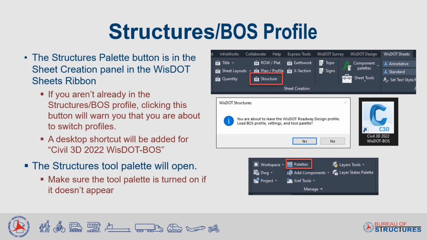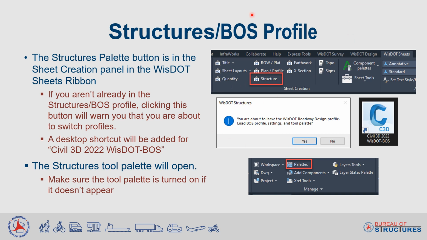To access the Structures palette and start drawing structures plans, it's important to use the Structures or BOS profile. The shortcut to the Structures palette is available on the WisDOT Sheets ribbon in the Sheet Creation panel. Clicking this button will open the Structures palette. If you aren't already using the Structures or BOS profile, the button will give you the option to switch to it.